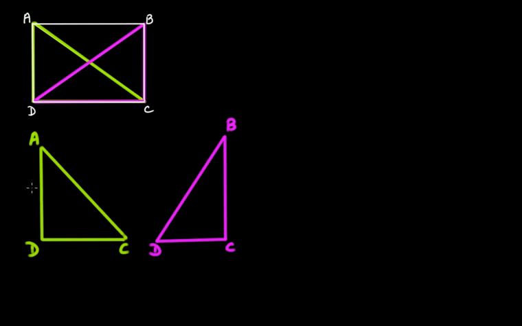This AD is equal to BC. So first let's write triangle ADC and triangle BCD. This AD is equal to BC. Then this angle D is equal to angle C is equal to 90 degrees because this is a square.